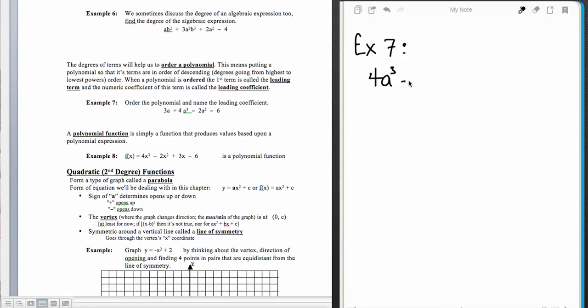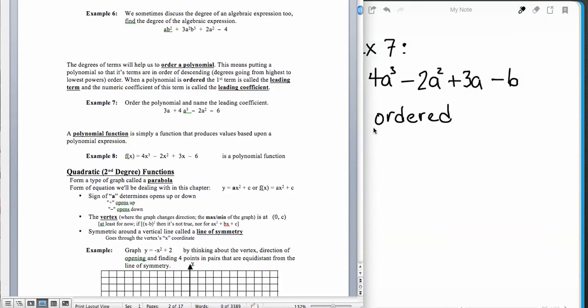And then I'm going to put my second degree term, which is negative 2a squared. And then I'm going to put my first degree term, which is a positive 3a. And then finally I'm going to put my constant, which is a 0 degree term, 6. And that is an ordered polynomial. And that is again ordered because the degrees of the terms go down in degree, 3, 2, 1, and 0.